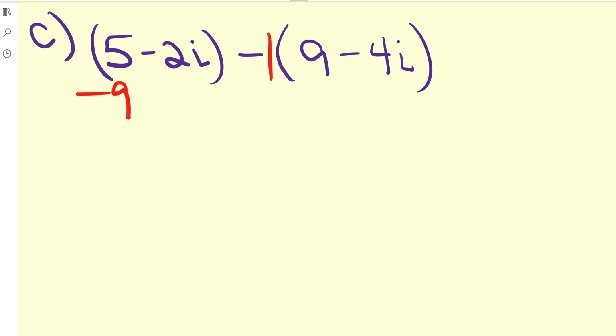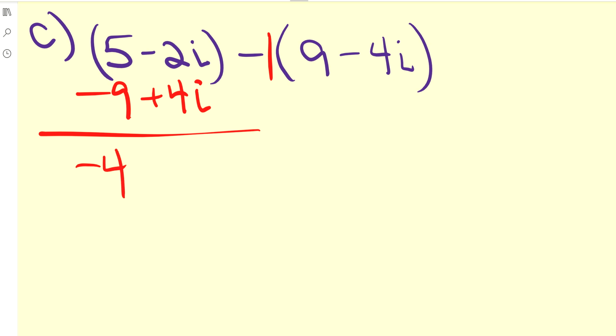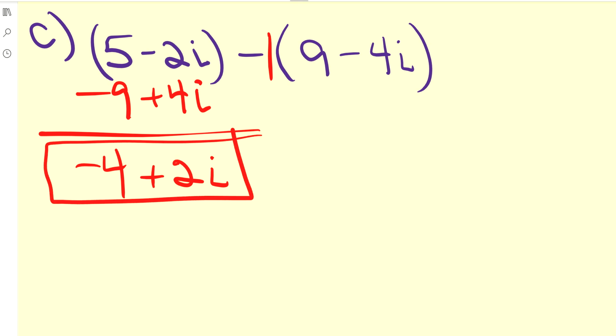Negative 1 times negative 4i, positive 4i. Draw a line, combine. 5 minus 9, negative 4. Negative 2i plus 4i is positive 2i. And there you go. Fairly easy. I hope you agree with me.